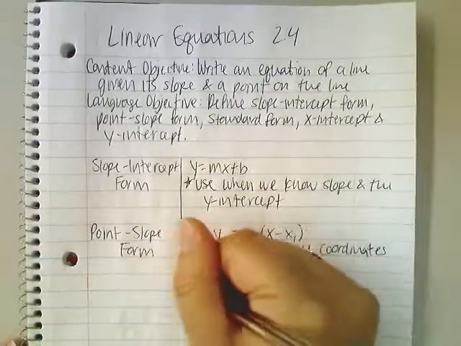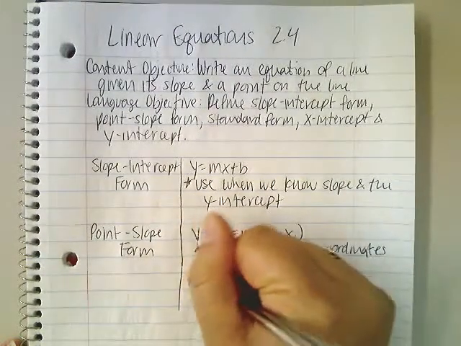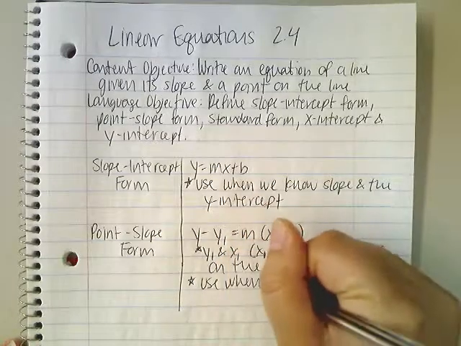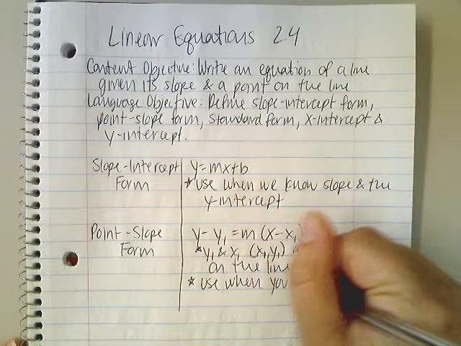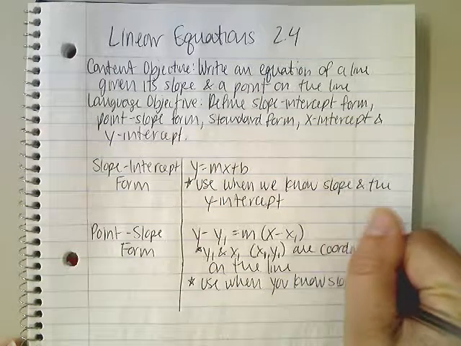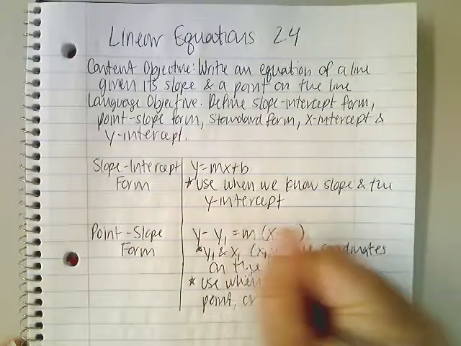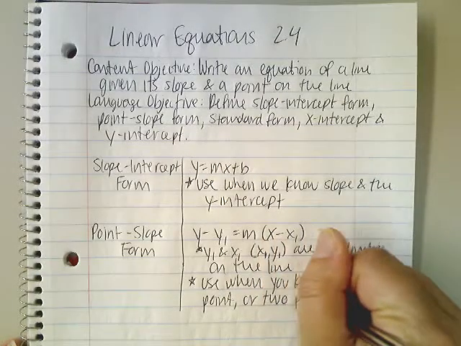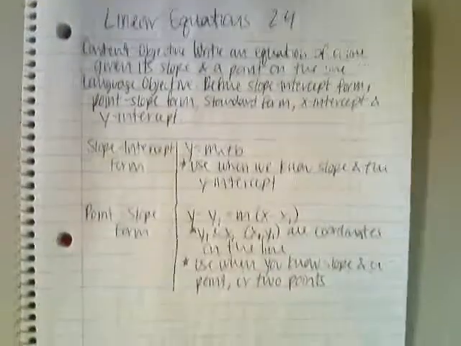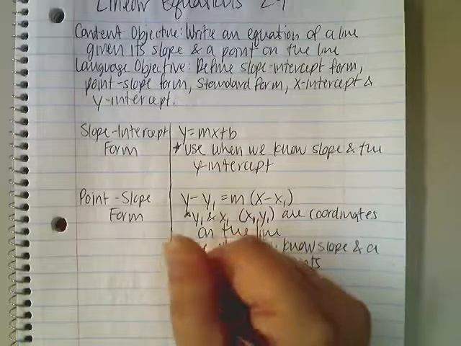And we're going to use this when we know slope and a point on the line, or 2 points. Because if we have 2 points, we can solve for slope, and then we'll know slope and a point on the line.